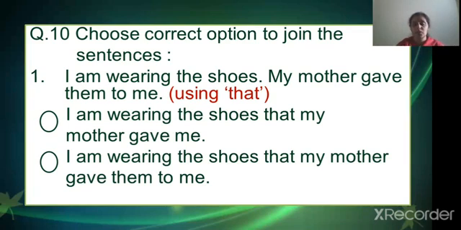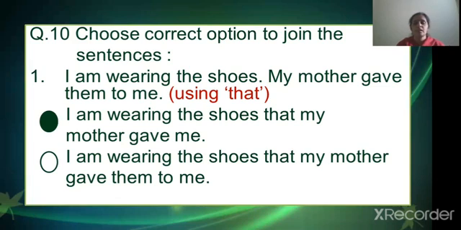The first one is going to be the correct answer. We are using that here to talk about the shoes. So you don't have to repeat it in the second sentence again. You don't have to use them here. Okay?